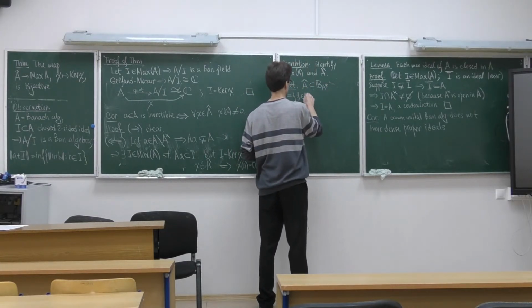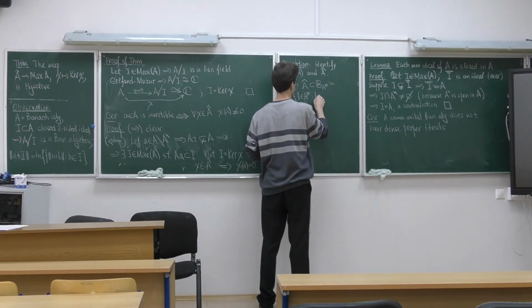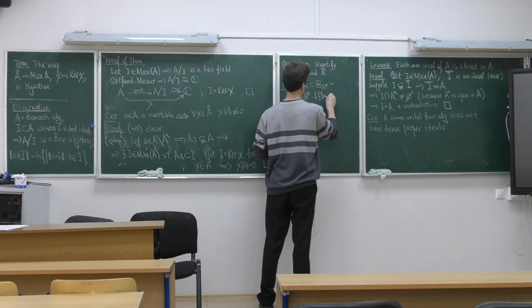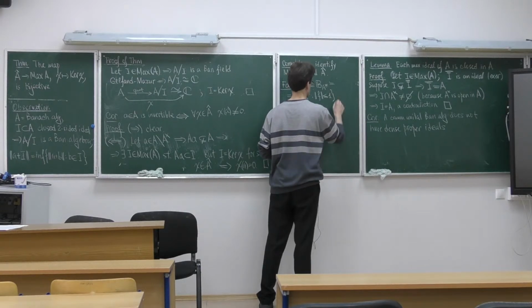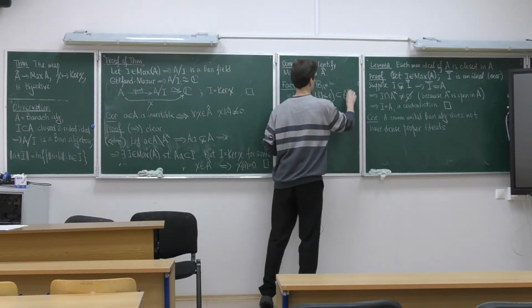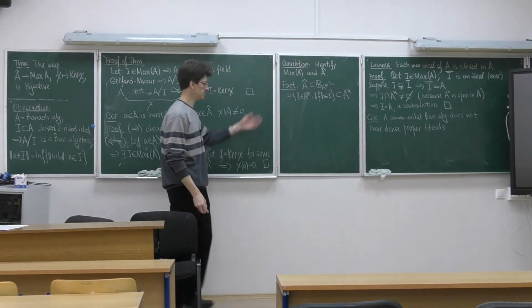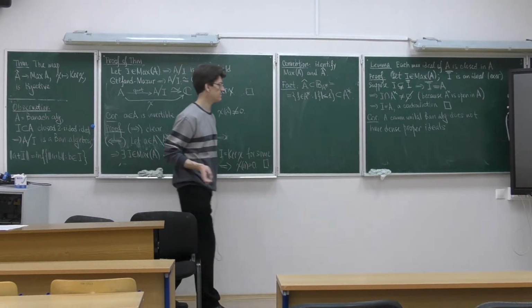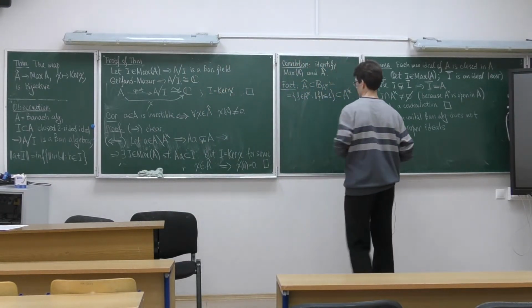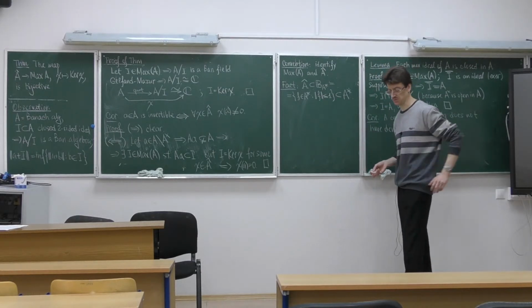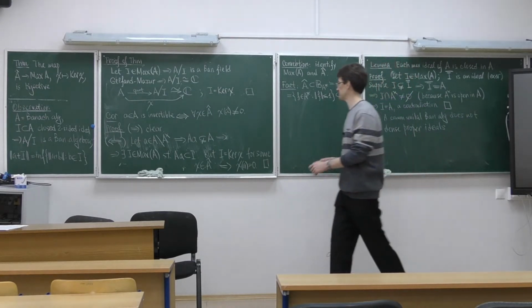The set of all functionals of norm less than or equal to 1. The closed unit ball of the dual space. So this is a basic fact of Banach algebra theory. In fact, this is true for any unital Banach algebra, not necessarily commutative.